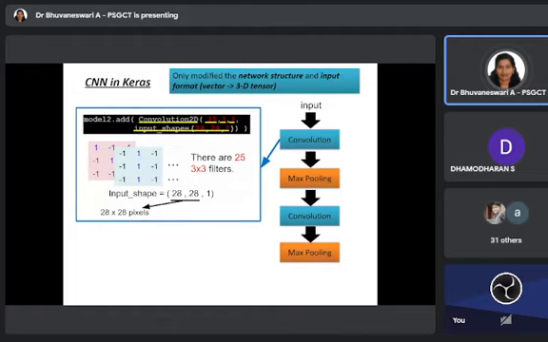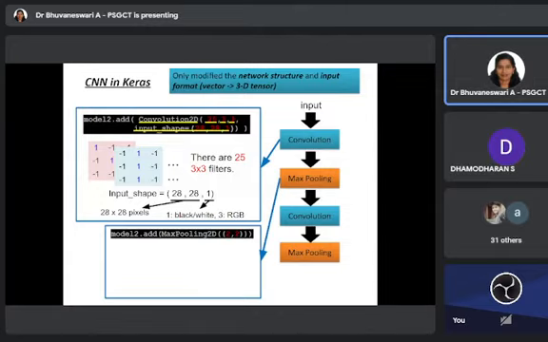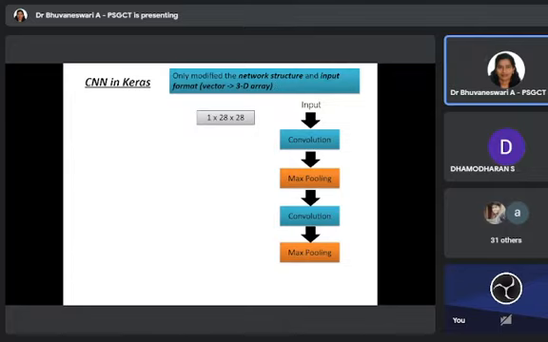Then comes the max pooling. This is the code that you have to add to implement max pooling, to apply the filters, to reduce or compress the size of the image. So from the input, it's a 28 by 28 pixel size.